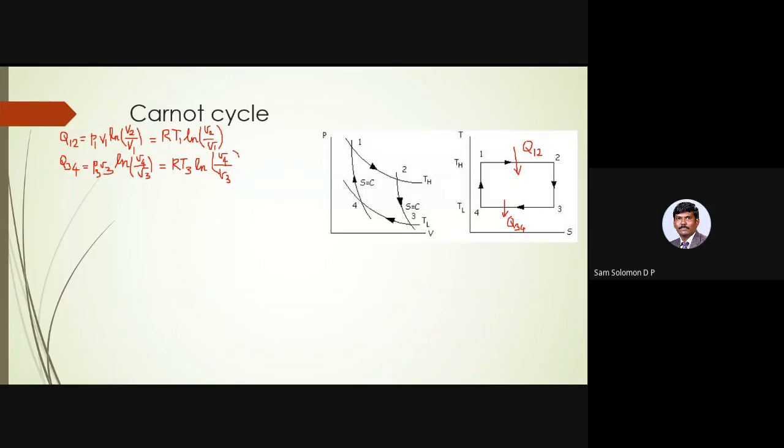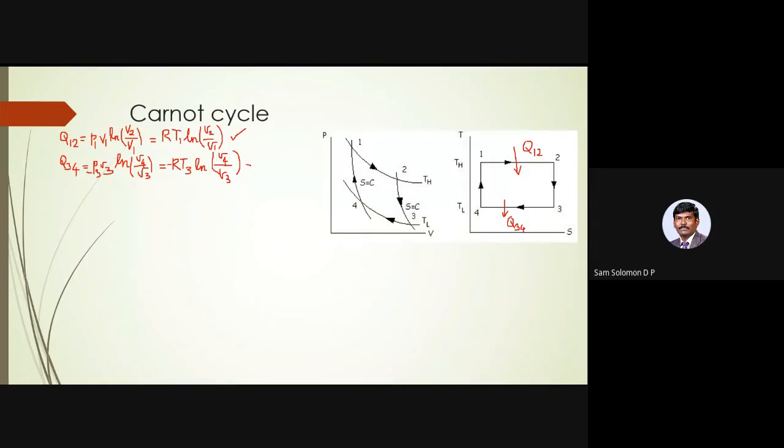heat addition is positive. So this term is okay. But when you go to Q34, this fellow is heat rejection. Heat is leaving the system. So this is supposed to be minus P3V3 minus RT3. If I have to remove this minus sign, then I can take that inside the ln and invert the ln.